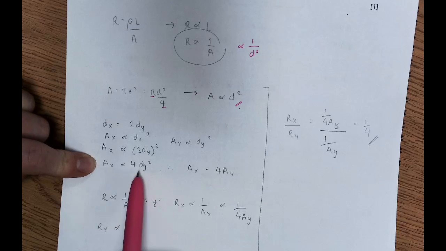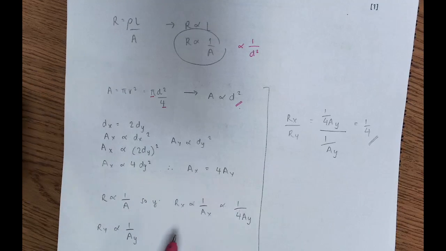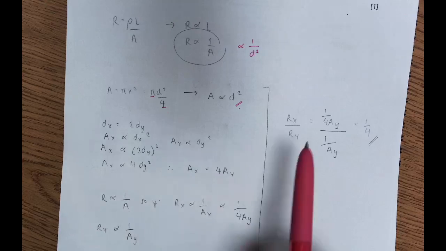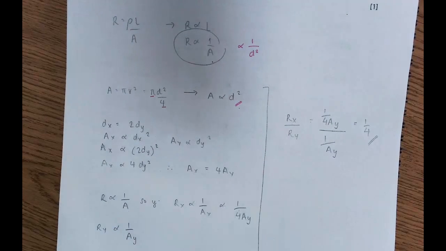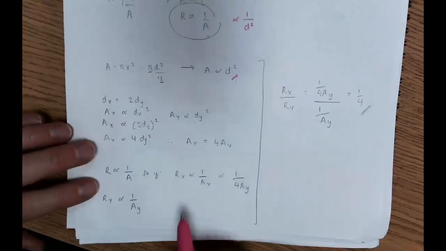Therefore, AX has to be 4 times larger than AY. I know that the resistance is inversely proportional to the area. So if the area of X is 4 times that of Y, then the resistance of X is 1/4 that of Y.